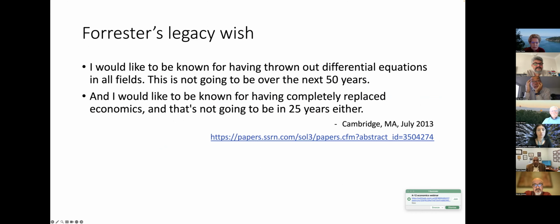Now, I cannot believe it's like 10 years since I had this conversation with Forrester. This was at a System Dynamics conference fireside chat, and I asked him about his legacy wish, and this is what he said, that I'd like to be known for having thrown out differential equations, and I'd like to be known for having completely replaced economics.